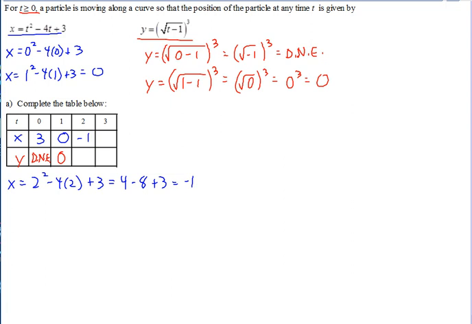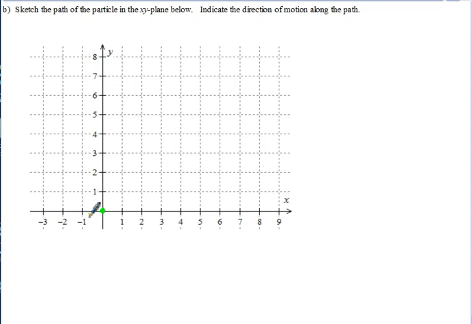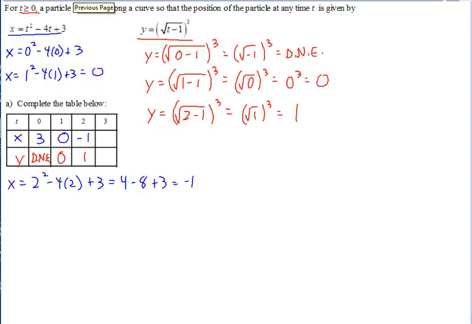And then the y-coordinate would be the square root of 1, which is 1, cubed gives you 1. So negative 1, 1. Here's our next point, right there. And finally, let's substitute in 3.